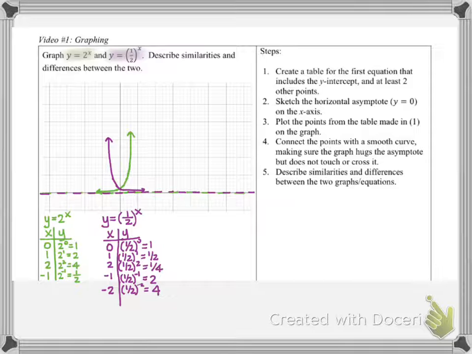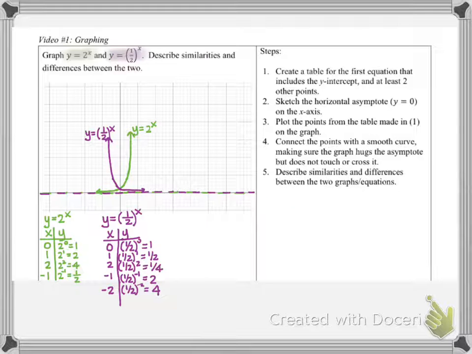And since I did color code, I shouldn't necessarily have to label, but I'm going to go ahead just in case I did this in just pencil. Go back and label the other guy as well. Okay, so a couple comments to make about this. Let's see, the green graph, if I go from left to right, looks like my y values are getting bigger.